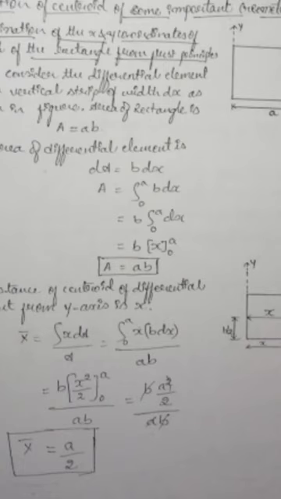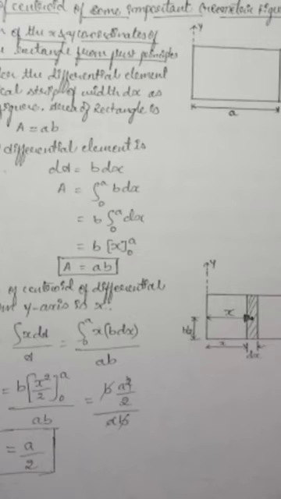So finally it will be b into x square by 2 over ab. In both the numerator and denominator b is there, so both will get cancelled, and finally you will get x square divided by 2 with the integration limits from 0 to a.